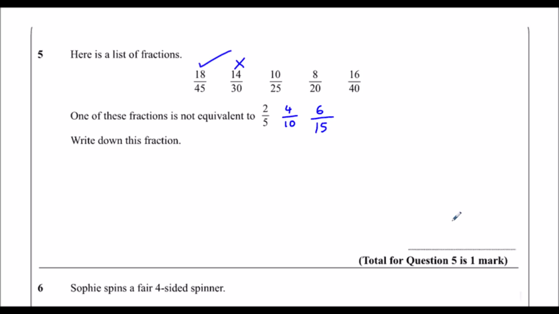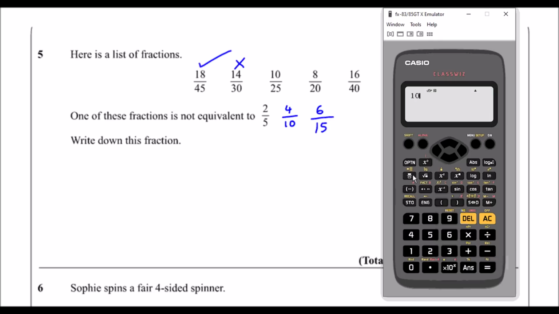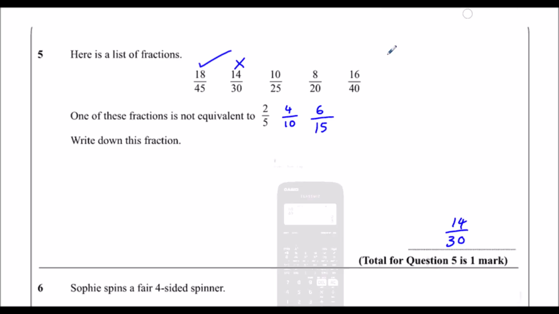So 14/30 is not equivalent to 2/5, and I'll just show you that the other ones are. So 10/25, 8/20, and 16/40.